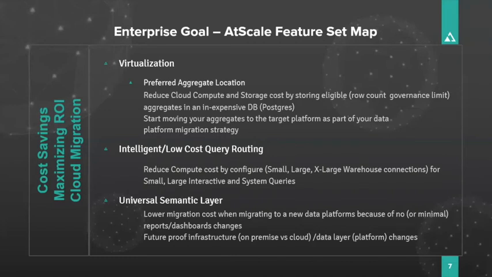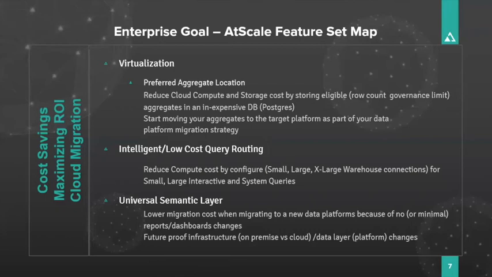So with the evolution of aggregates in AtScale, the traffic to Snowflake will be reduced, and the traffic to Postgres will be high. And that's how you achieve cost savings in a cloud environment. And as I said, we have calculators where you can key in the volume of data, the number of users, and so forth, and you can estimate the cost savings if you're migrating to the cloud.